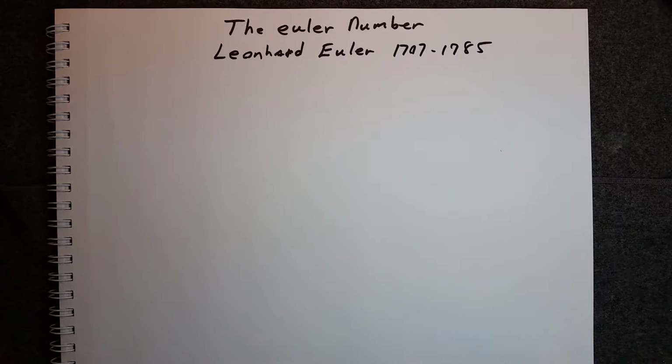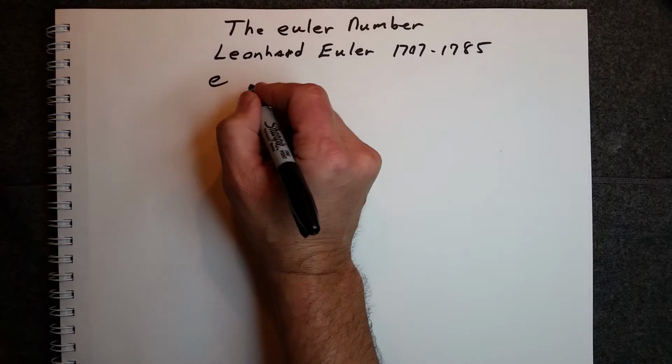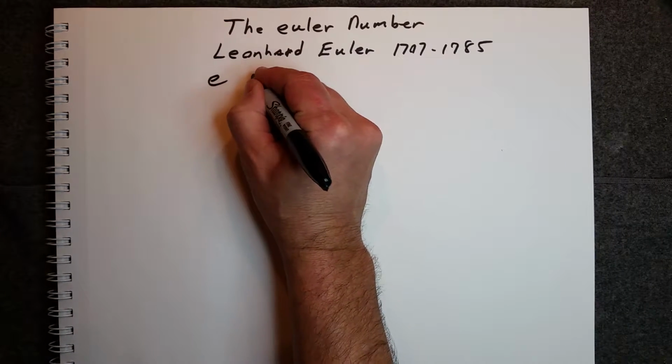His life and Newton's life would have overlapped 15, 20 years or so. He did a lot of work in infinitesimal calculus, and carried on a lot of the work that Newton started. Newton invented calculus.